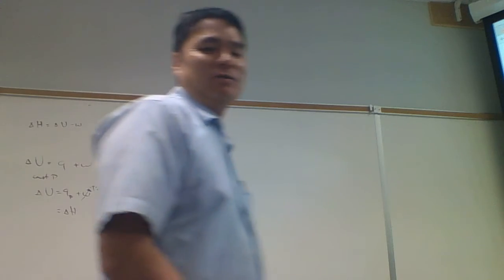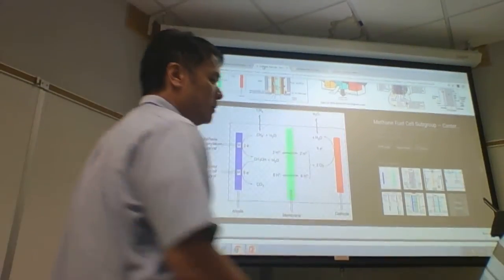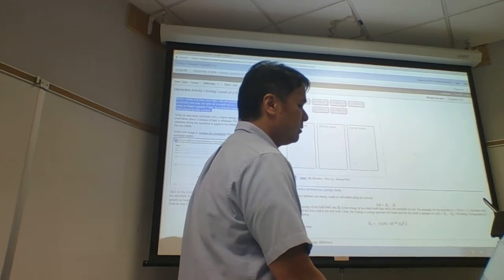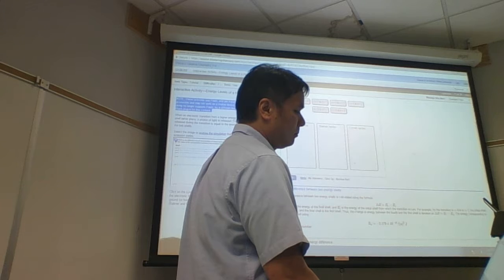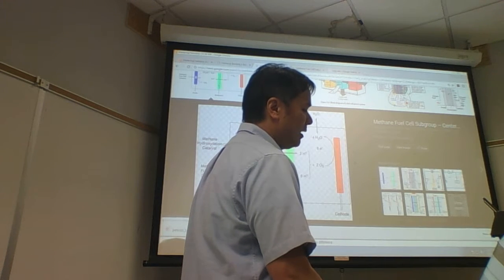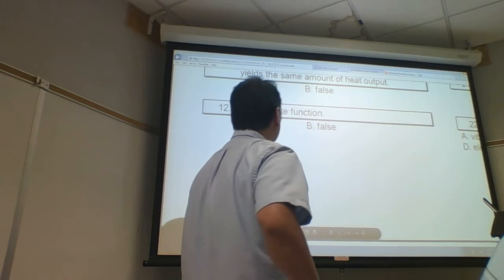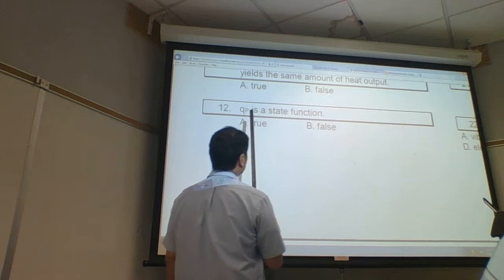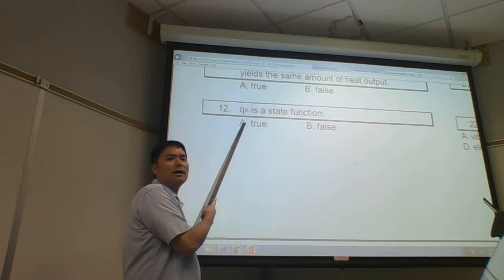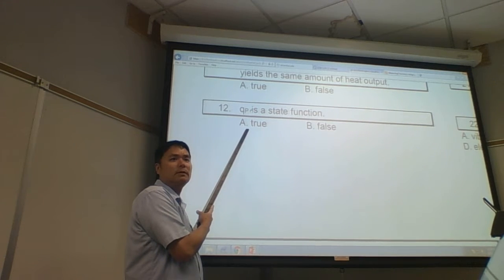So I don't remember how tricky I was going to try to be this particular semester. To be honest, I don't remember. But it's not meant to be too tricky because you could argue this either way. Somebody could have picked true and just said, "Oh, I automatically assumed that work was only P delta V work."